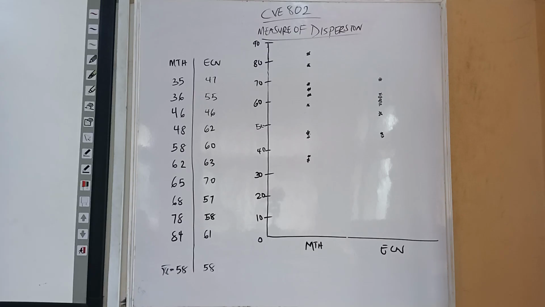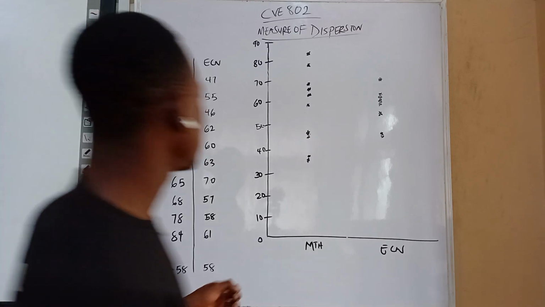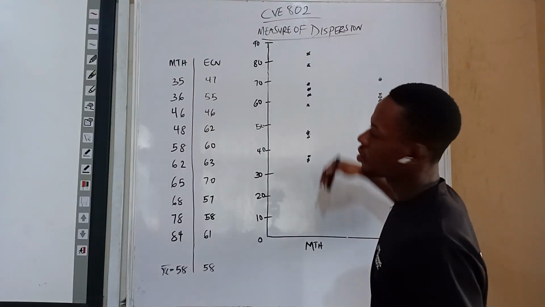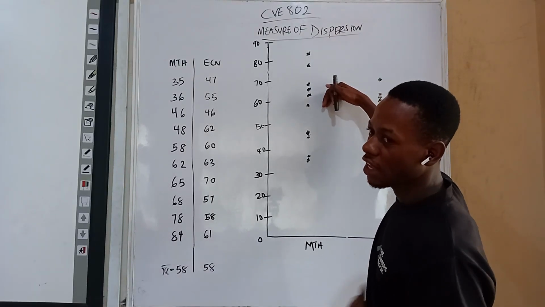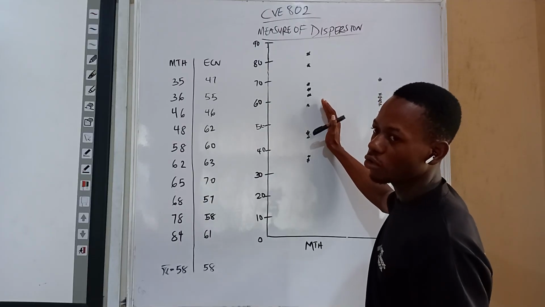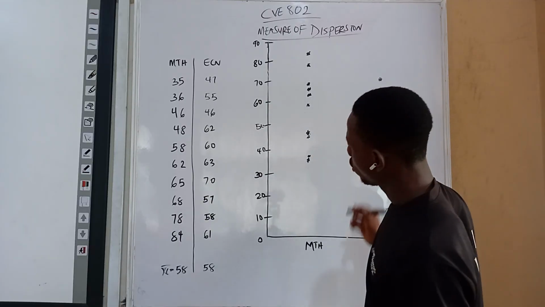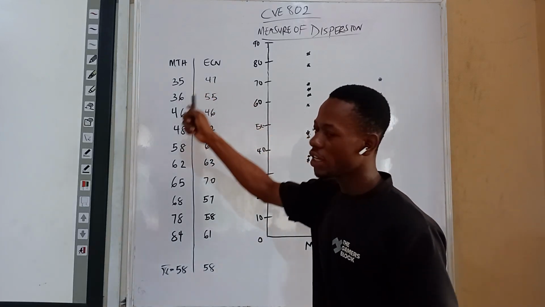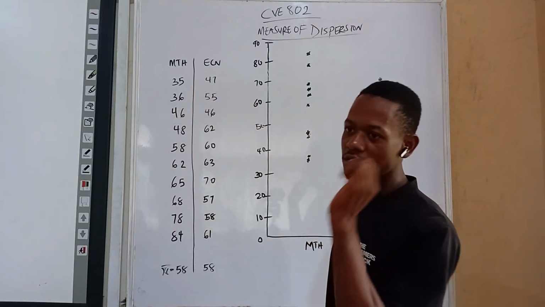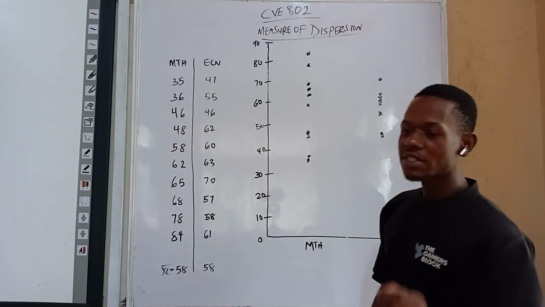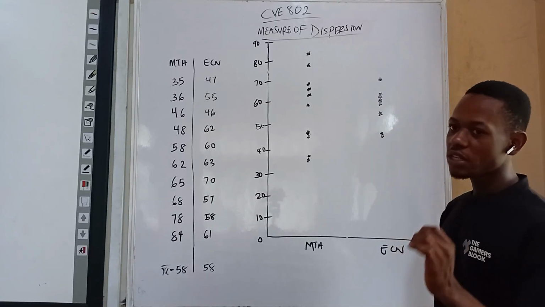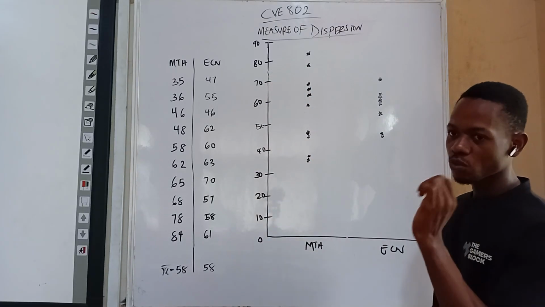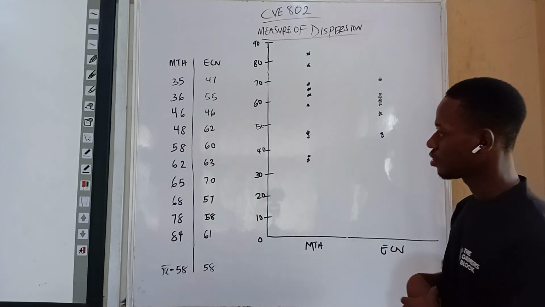The one we did the other time, we just looked at it by eyes, looking at which one has the higher spread, and we just concluded that it was this one without any value. Whereas when we're doing range, we just subtracted the smallest from the highest, so we only consider the smallest and the highest. But in standard deviation, we consider all the variables, not just one.